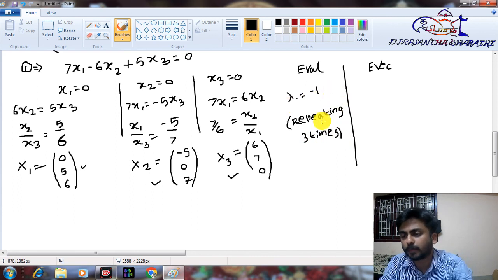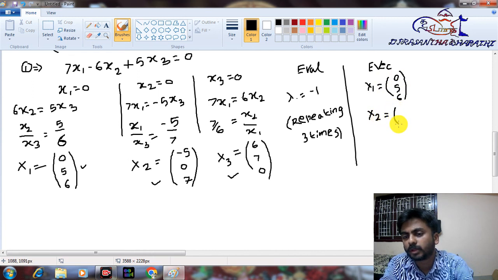For lambda 1 we get x1 equal to 0, 5, 6.